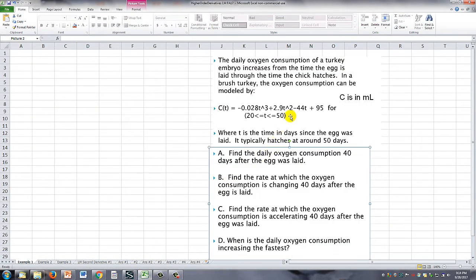So if we look at this first example, it says the daily oxygen consumption of a turkey embryo increases from the time the egg is laid through the time the chick hatches.